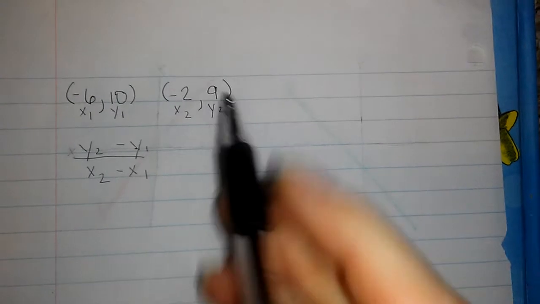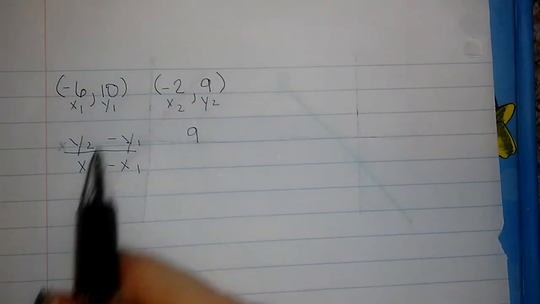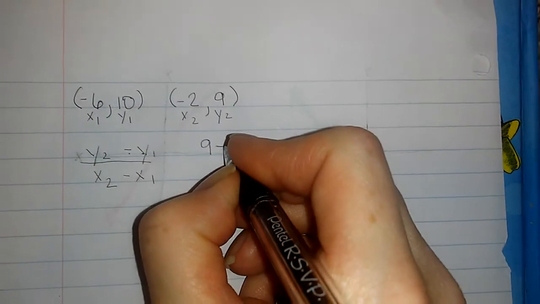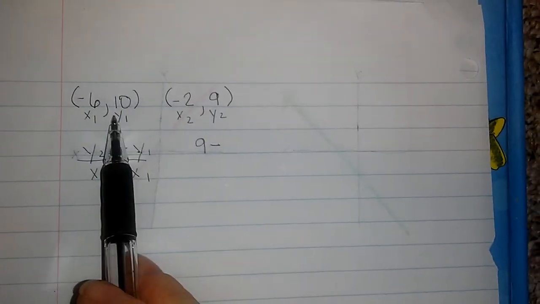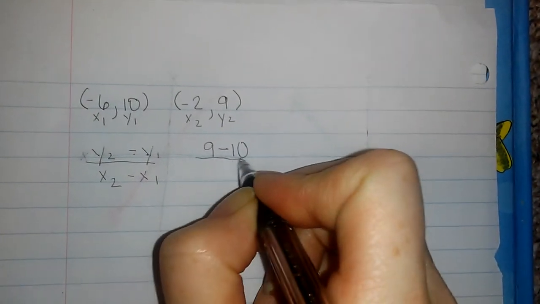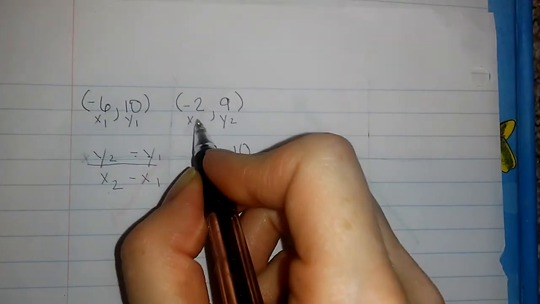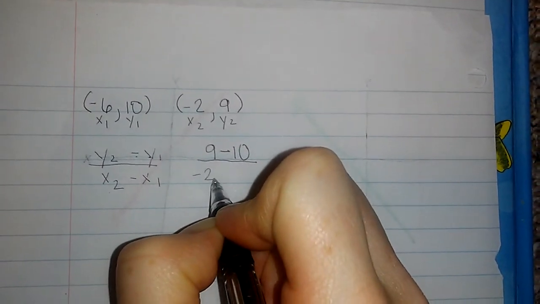So I'm going to look. My y2 is my 9, so I'm going to put that down. Take away. Then I got my y1 here, which is our 10. Over. We have our x2, which is a -2 right here.